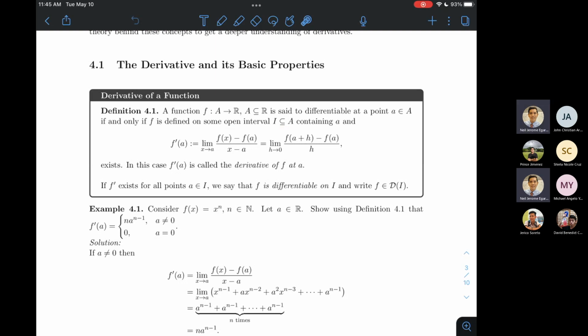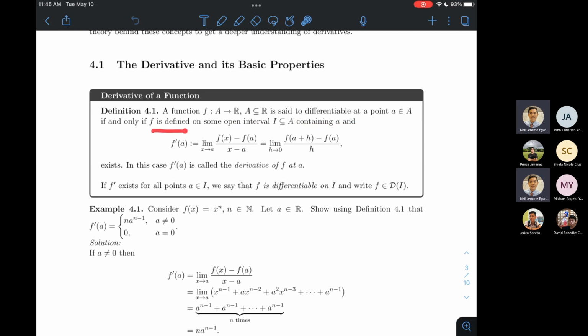Actually, kailangan ba siya limit point? Hindi siya necessarily na maging limit point. The only requirement is that there should be a small interval or some open interval containing a except possibly at a.